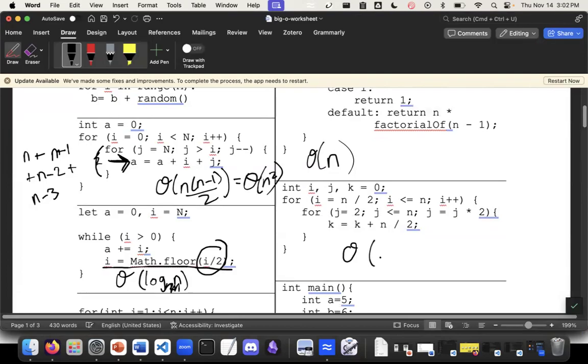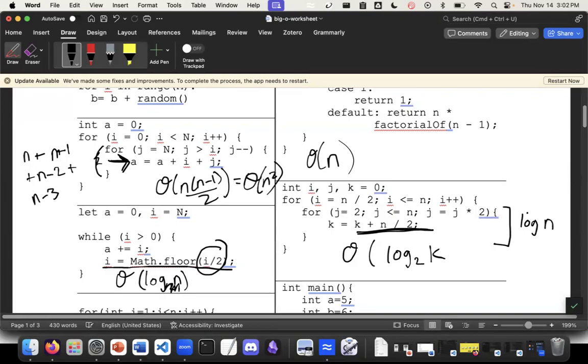O of what? Okay, so not quite. You are right in that we've got some division happening here, so there is a log. So this one happens log n times.